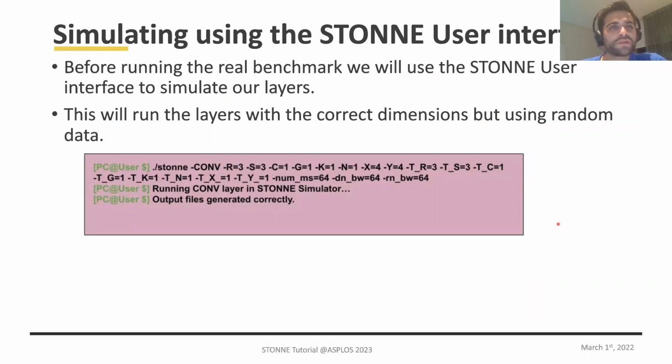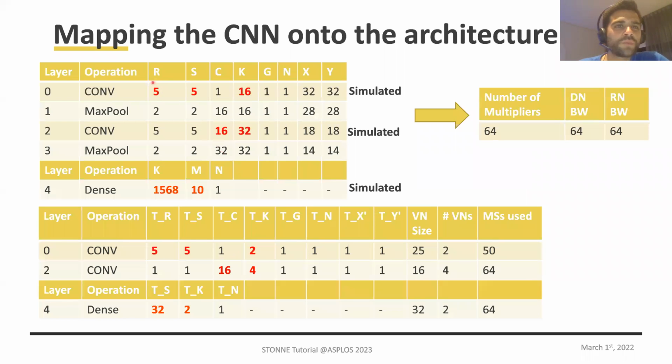How can we run STONNE? The first part is the STONNE user interface. Sometimes we are working with the simulator and want to test how a specific layer will perform. For example, imagine we don't care about the real data that is being computed.